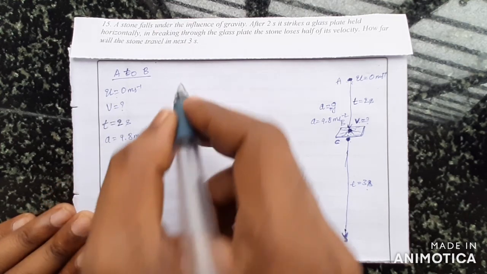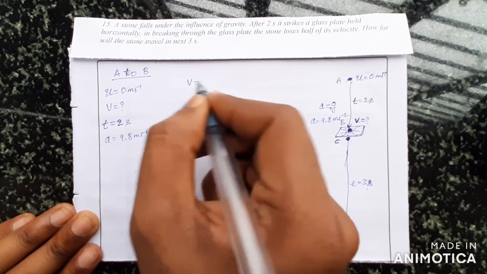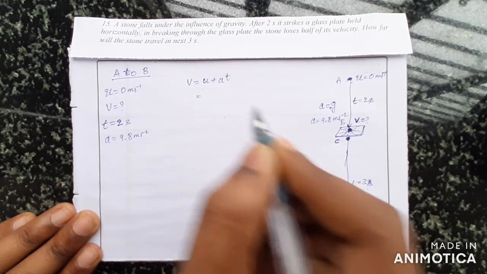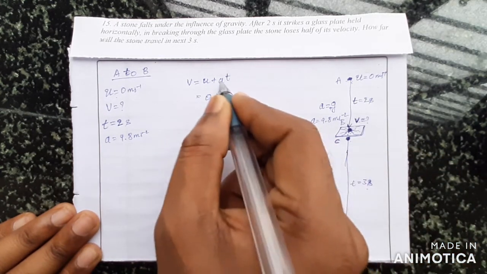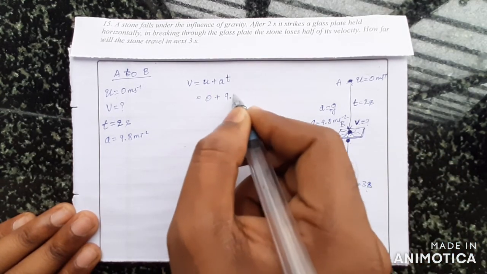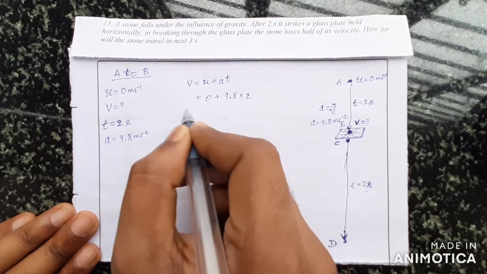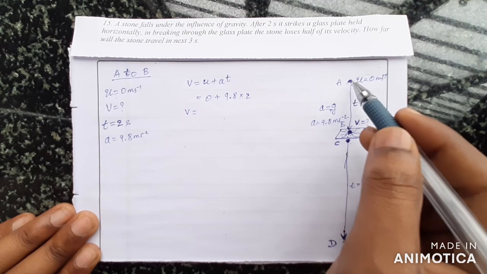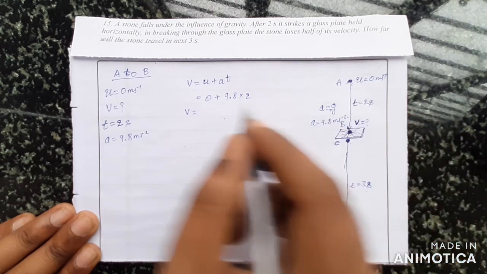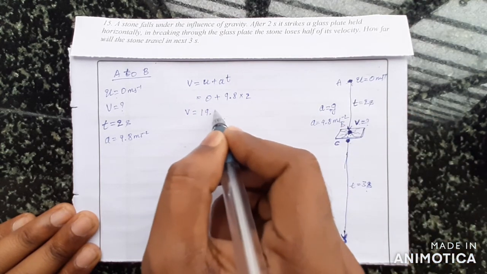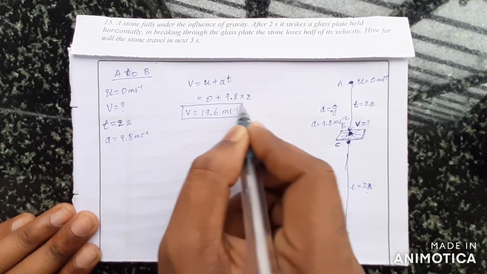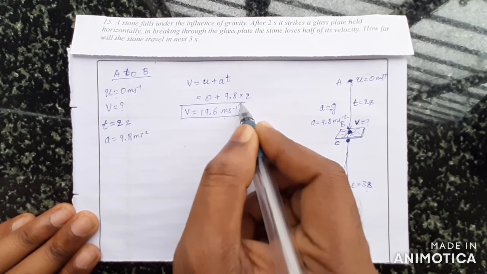Very simple, first equation of motion: V is equal to U plus AT. U is 0 plus A is 9.8 into time 2 seconds. So final velocity for the motion from A to B is going to be 19.6 meter per second.